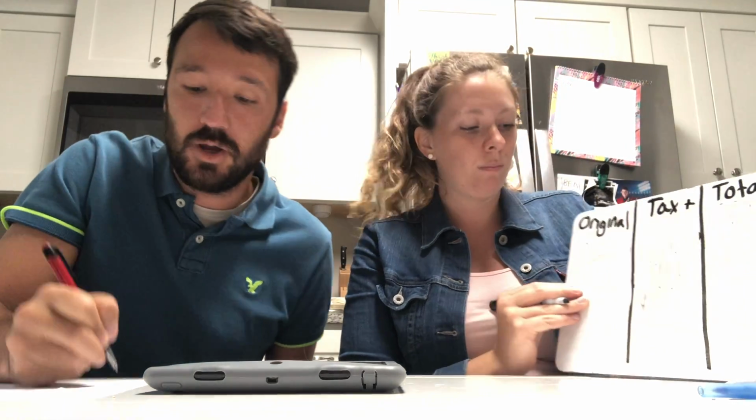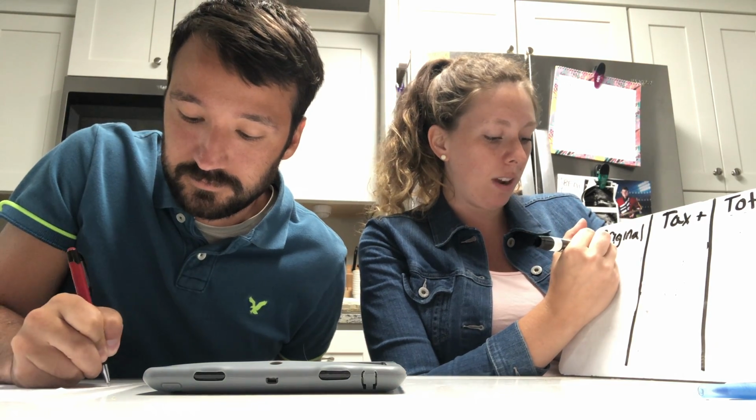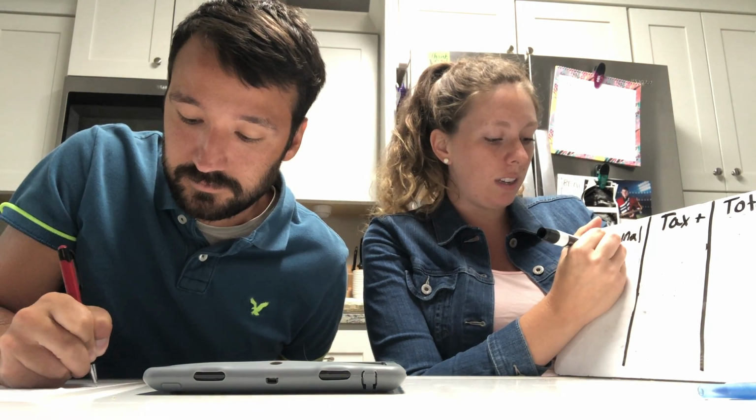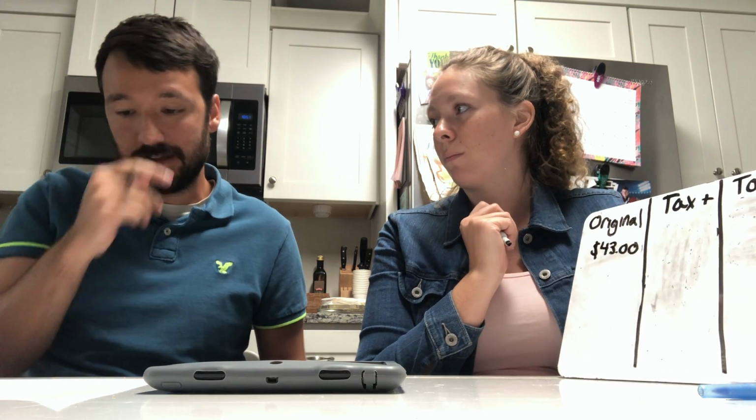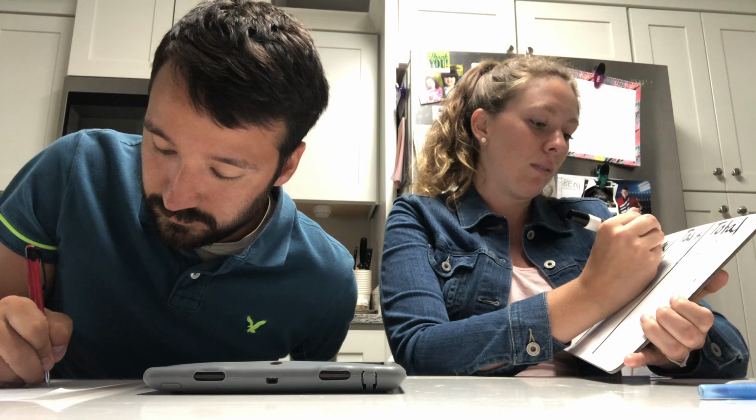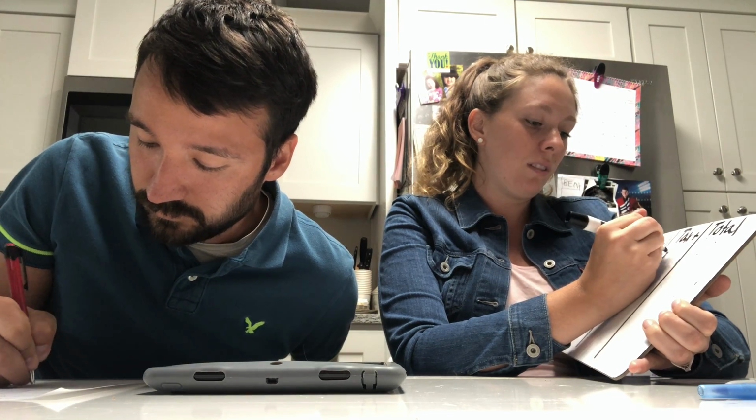So what is our original price in this problem? The dress was $43. Yes. So we're going to write $43. Okay. What would be the next step? The tax was 6% again? Yes. So we're going to write 6%.